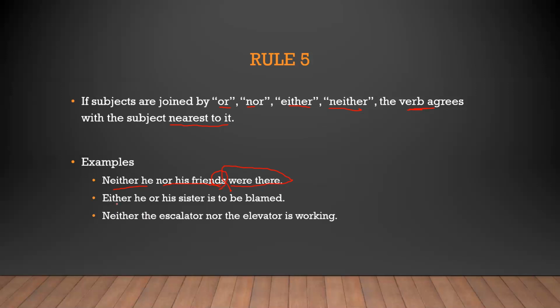Similarly, in the next example, neither he nor his sister is to be blamed. Here sister is singular. Neither the escalator nor the elevator is working. Again, this is singular, so is working. So these words take the verb as per the subject nearest to it. अगर plural subject है तो plural verb आ रहा है. Just like in the first example, friends, so were there, we are writing.